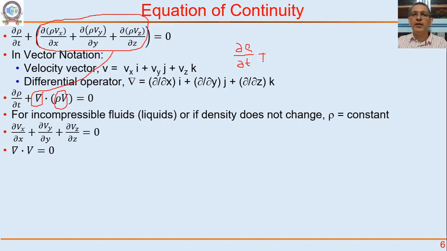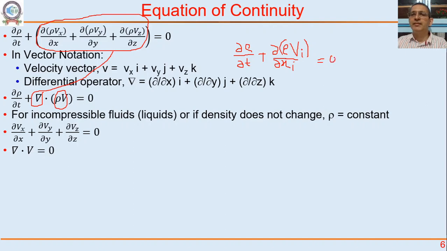Then we can also write it like this: del by del x_i of rho v_i, and i is just an indicator, just a counter, if you like, of all three directions x, y and z.